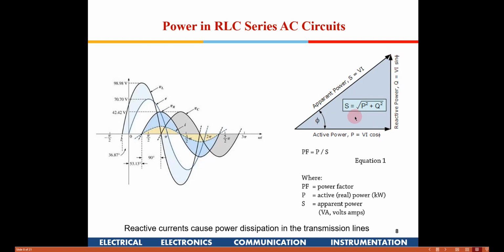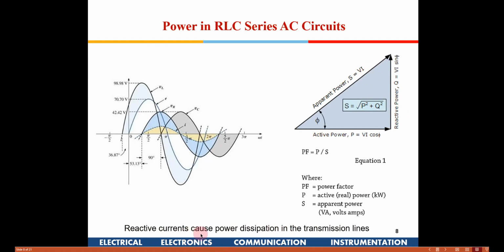Now because of this reactive power, you have something known as the apparent power. Generally in a circuit we try to minimize the reactive power, because ultimately the reactive power is of no use. It is just an oscillating power from the substation to our house and going back. But in the transmission lines this increases the magnitude of the current.